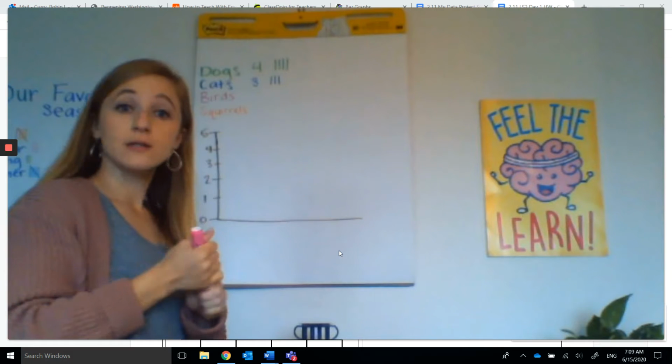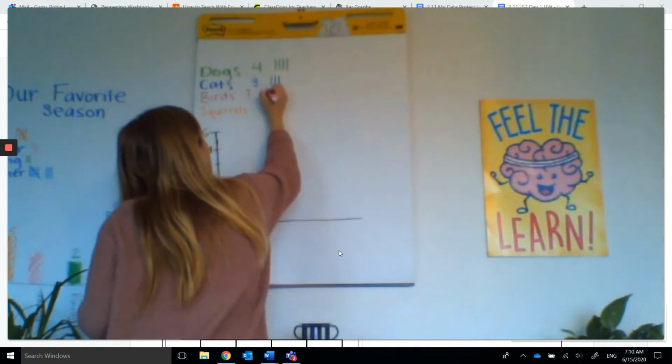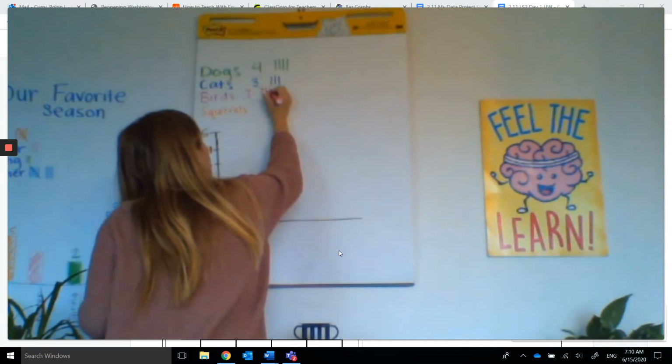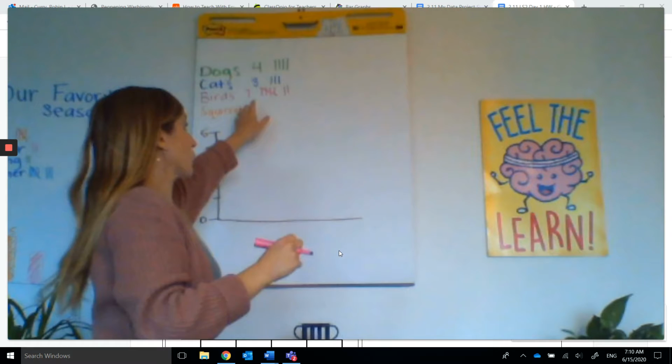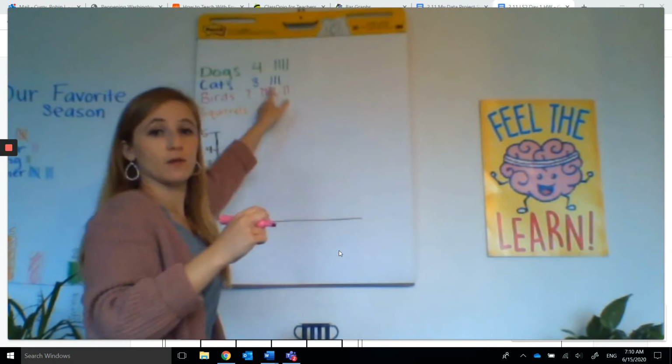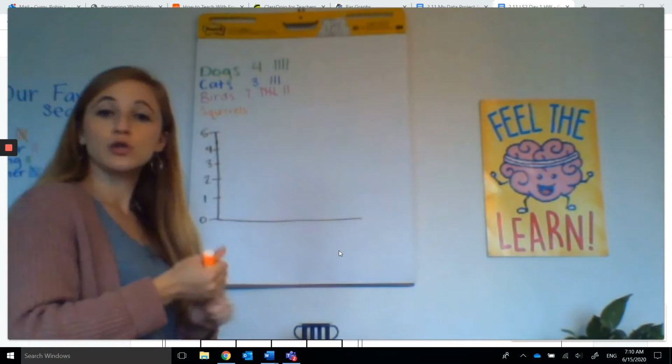I saw 7 birds. Remember, when we get to 5, we have 1, 2, 3, 4. We cross it when we get to 5. And I saw 2 squirrels.